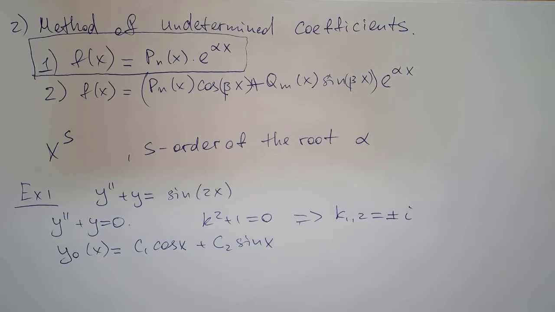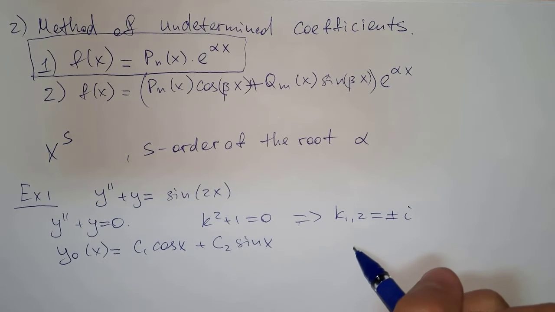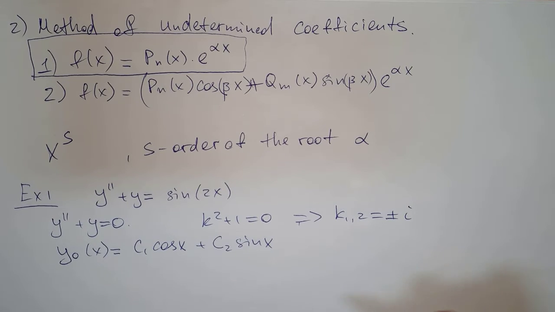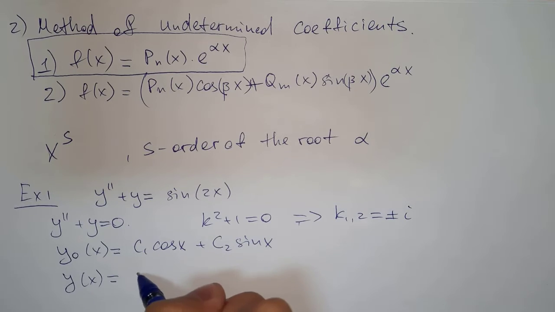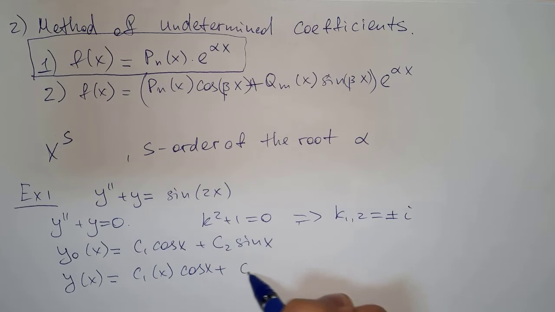Okay, so let's write this c1 and c2 as unknown functions. So y of x is now c1 of x cosine x plus c2 of x sine x.